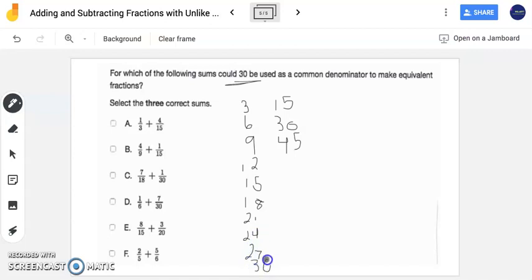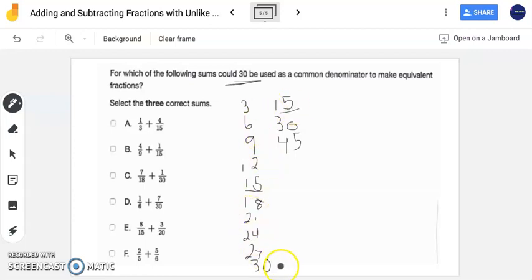So even though I noticed I saw 15 and 15, 15 could be used as my least common denominator for this problem, but you could also use 30. And this problem is asking us for which of the following sums could 30 be used as a common denominator. So yes, it's easier to choose the smaller common denominator, but for the purpose of this problem, they want to know, could you potentially use 30 as the common denominator?